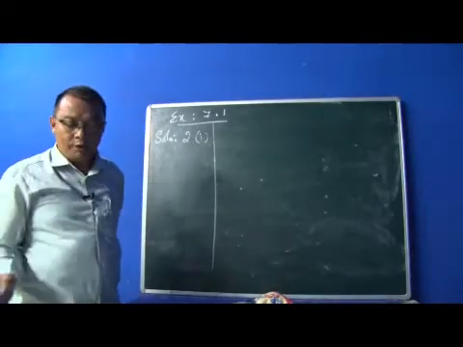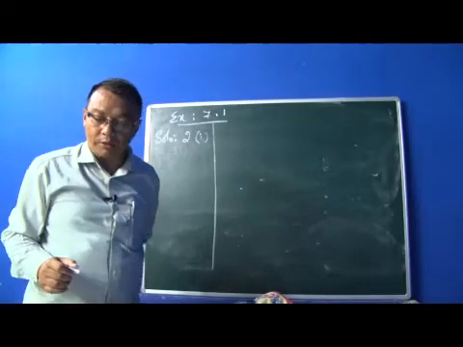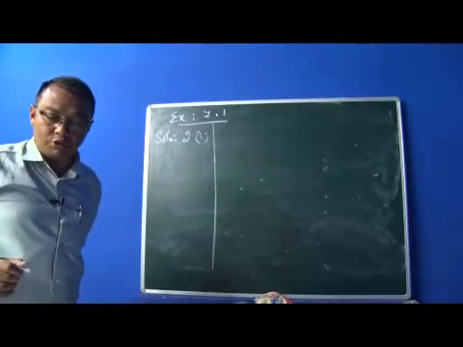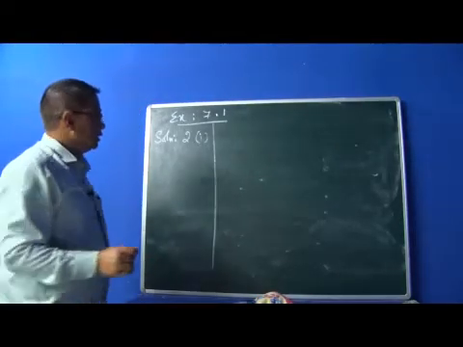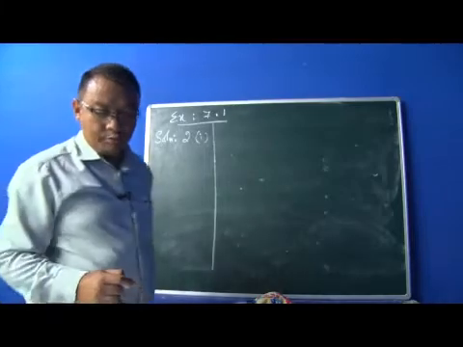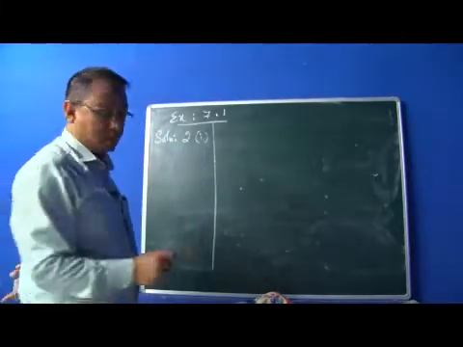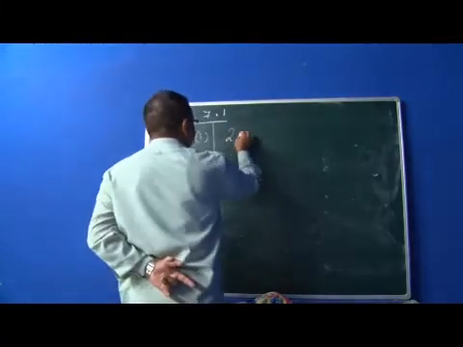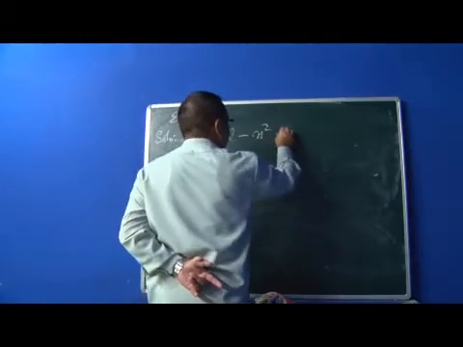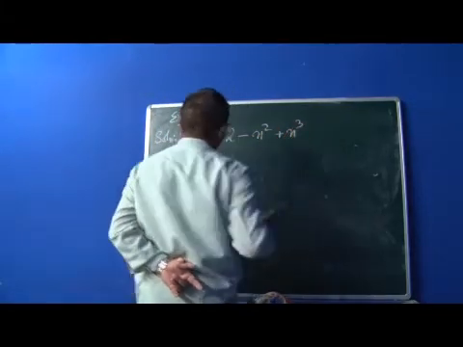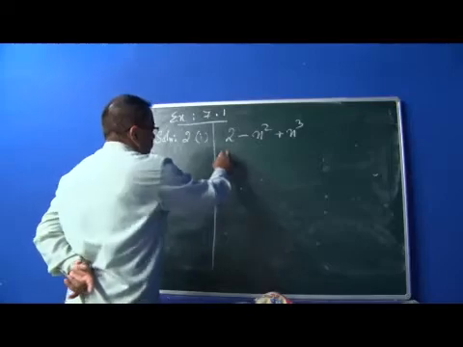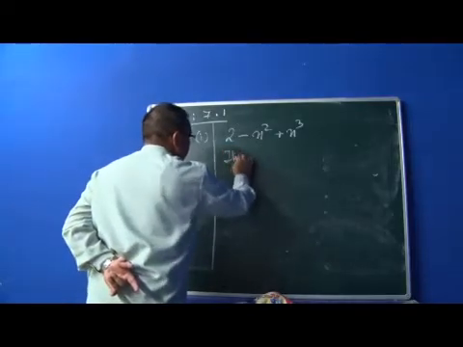So write the coefficient of x squared and x cubed in each of the following. In question 1, 2 minus x squared plus x cubed. 2 minus x squared plus x cubed.